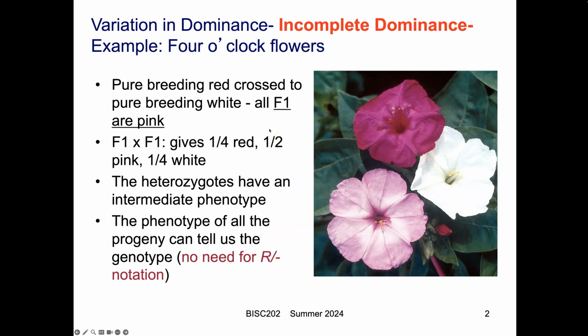So we're going to start with the simplest of the variations in dominance. And this one is called incomplete dominance. What this means is that you have two different alleles. One is producing a functional enzyme, a functional protein, and the other is not producing a functional protein.